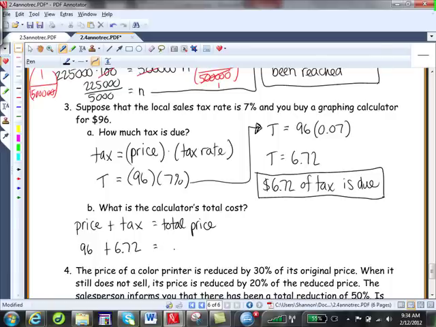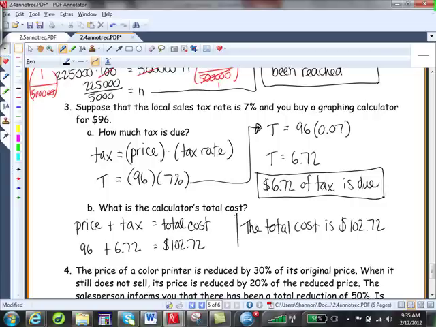So when we add that together, I believe we get $102.72. The total cost, and maybe we should say total cost to the consumer instead of total price, is $102.72.